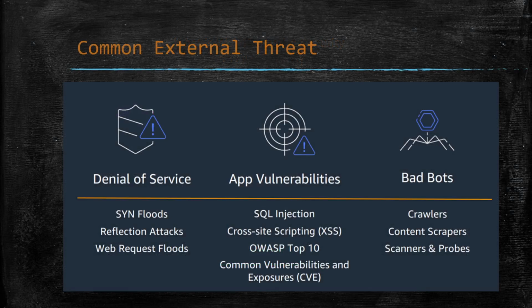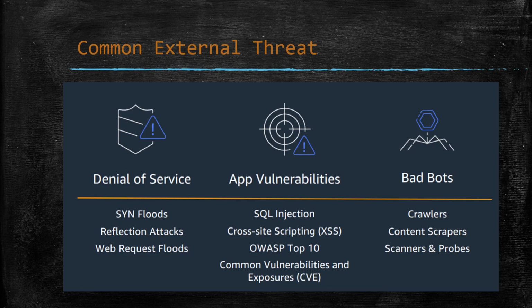Some common external threats are denial of service, app vulnerabilities, and bad bots. There are so many attacks happening, such as web request floods, reflection attacks, and SYN floods. Attackers use those methods to flood the number of requests and break in, getting into systems whenever they find any gaps.